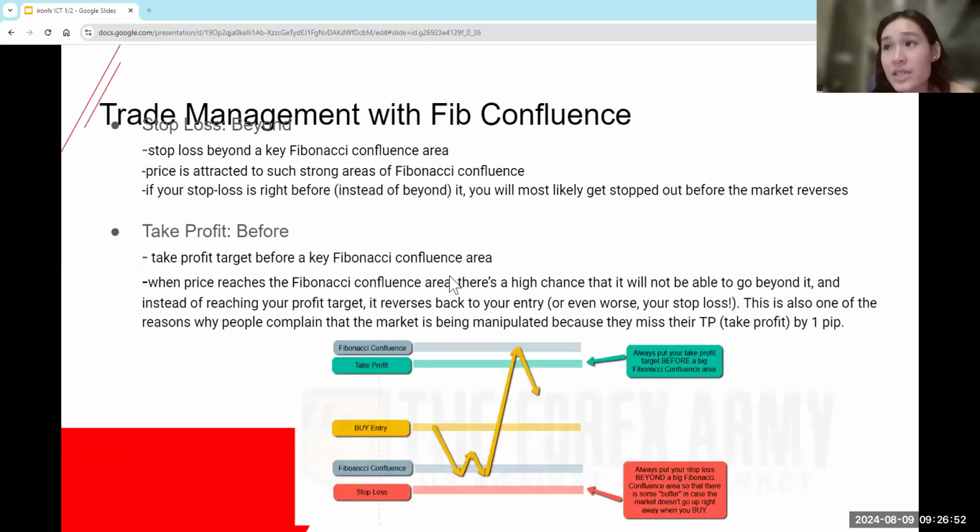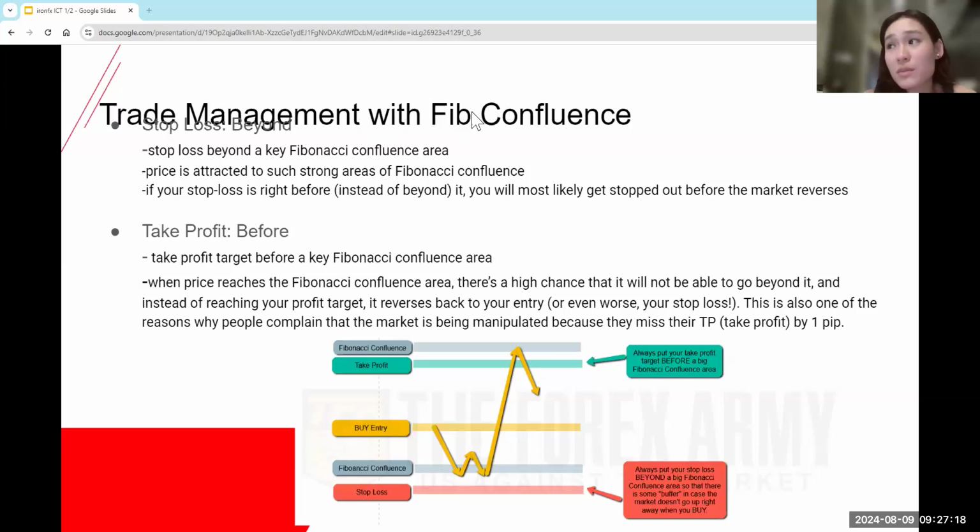But in this example, you can see if we're going in for a buy entry, how your take profit and stop loss should be placed, going by that same concept of your stop loss placed beyond and your take profit placed before. I guess the understanding behind it is that your stop loss should be placed beyond a key Fibonacci confluence area.